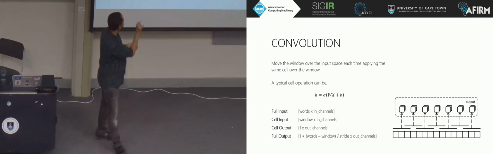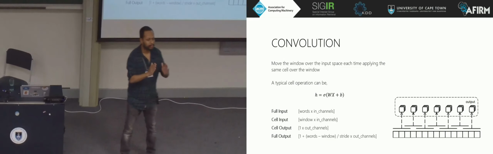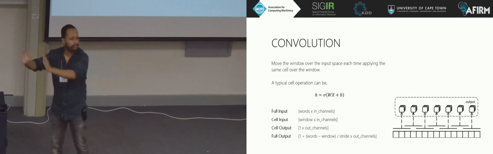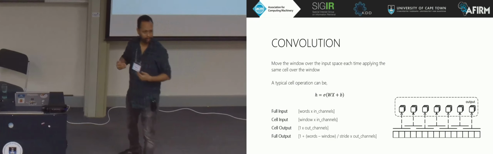Convolution is basically doing what you would do in a fully connected network, but instead of applying it on the whole input, it applies it in a window and moves the window all over, and then you get the output in the next layer.